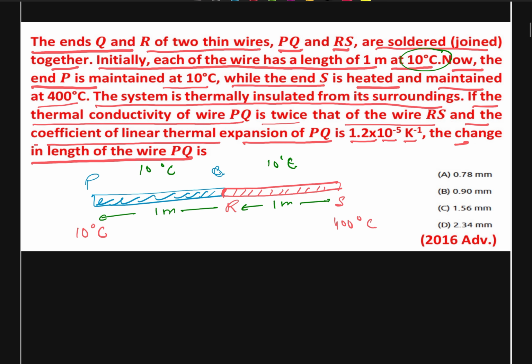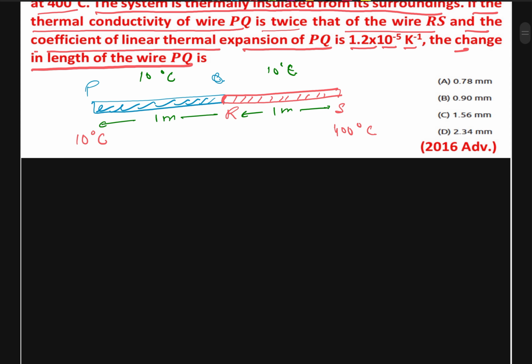And so we can say that we have our wires, PQ and RS, each of length 1 meter long at 10 degree centigrade.